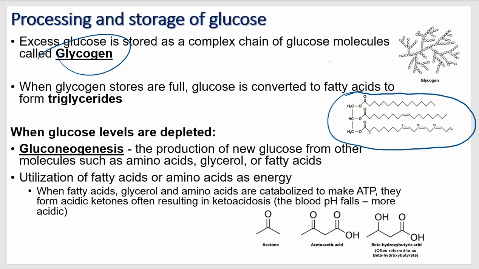So when glucose levels are depleted, if we don't have enough glucose, then we have gluconeogenesis, which is the production of glucose. This is not done by insulin; it would be directed by glucagon.